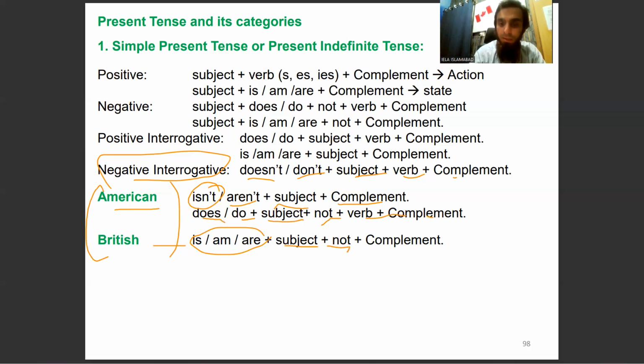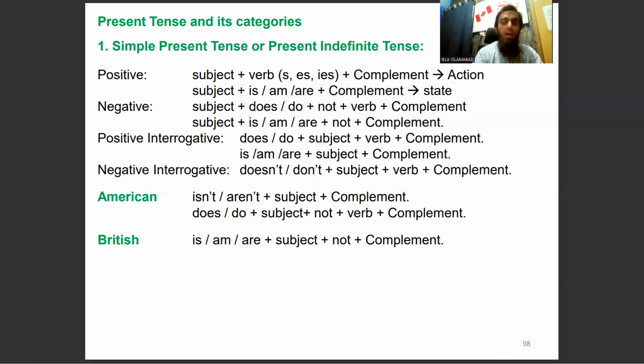So what does it mean? Not before subject is also right, in American, where you can see like this, the contraction form. And not after subject. If we start a sentence from is, are plus subject plus not, that is right. So not can come before subject and after subject in negative interrogative situation. And this is the difference between American and British.